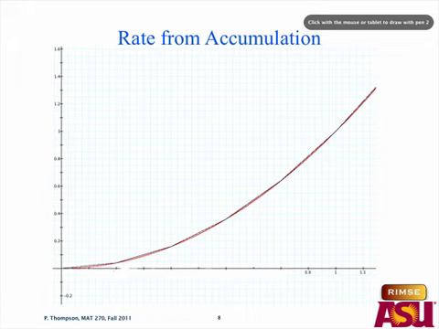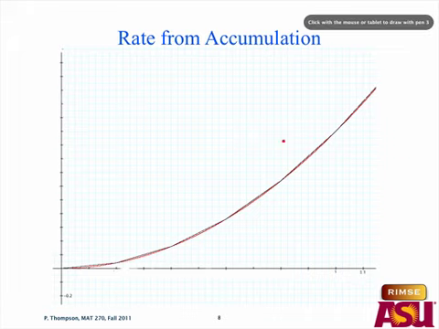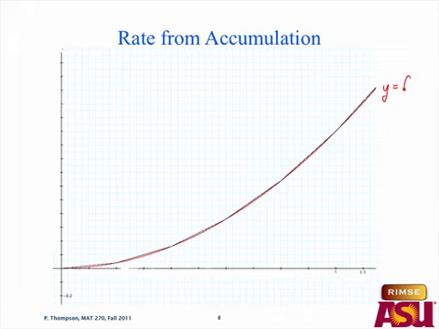So now we're going to say we don't know the x-axis scale, nor do we know the y-axis scale. So this is some other quantity, so it can be any quantity now. Okay. And the red graph is our actual accumulation function, y equals f of x.